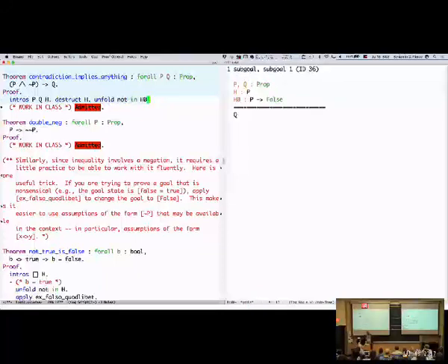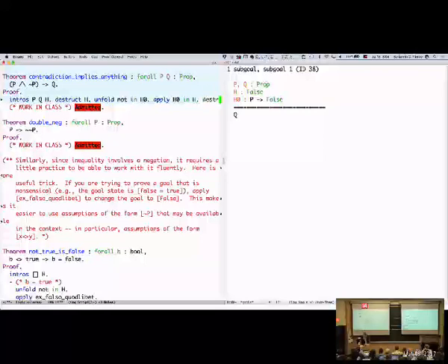Oh. Well, now we've got a hypothesis that says P implies false, and another hypothesis that says P. So if I do apply, this is going to be an apply in, isn't it? It's going to be apply H0 in H. And now, voila, H changes to false.